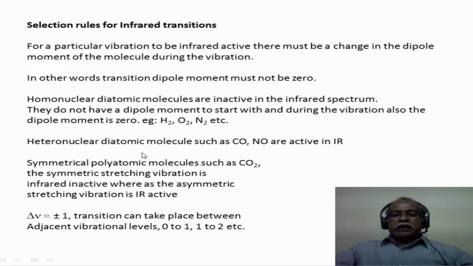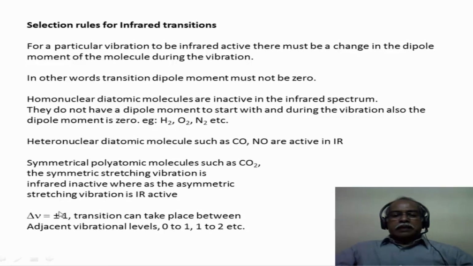Now heteronuclear diatomic molecules, something like carbon monoxide, nitric oxide and so on, are active in the infrared because they have a permanent dipole as well as a change in the dipole moment when the stretching of the carbon-oxygen bond or the nitrogen-oxygen bond occurs. In symmetrical polyatomic molecules such as carbon dioxide, the symmetric stretching is infrared inactive, whereas the asymmetric stretching is vibrationally active, or IR active.